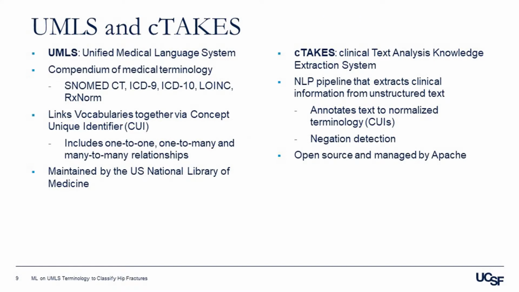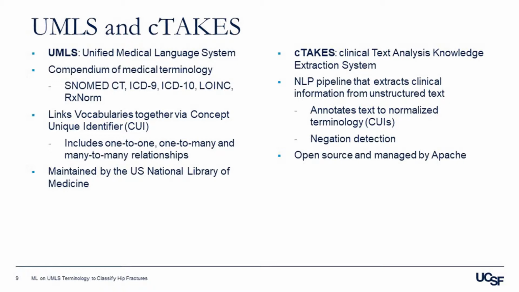As a little bit of background, UMLS, which I think I've heard people say on and off today, is the Unified Medical Language System. It's a compendium of medical terminology, so your ICD codes, your SNOMED, RadLex is another one.